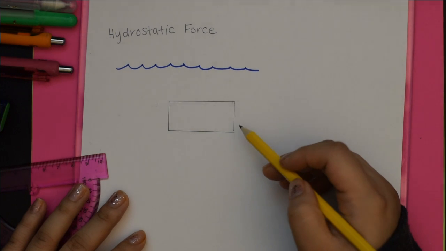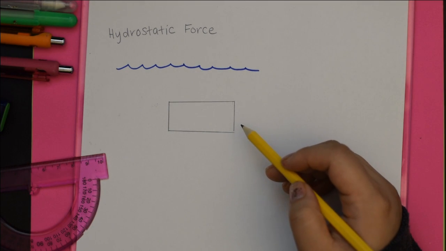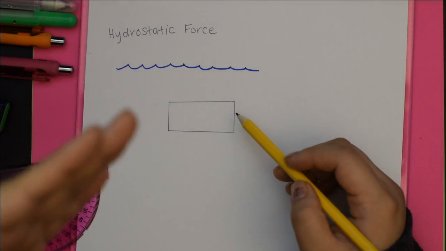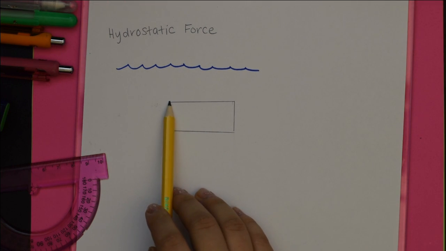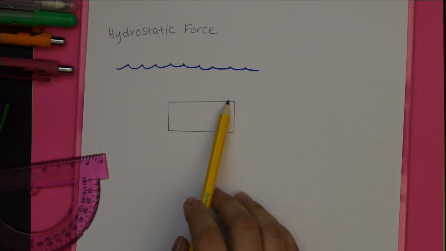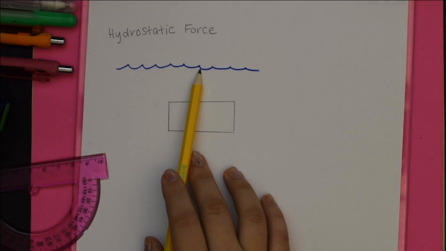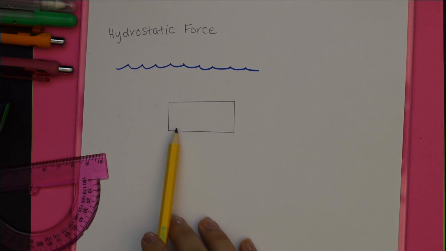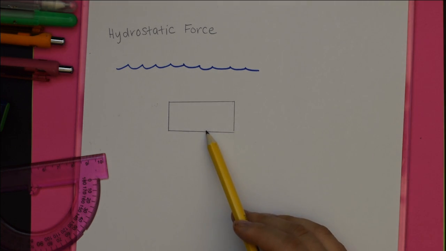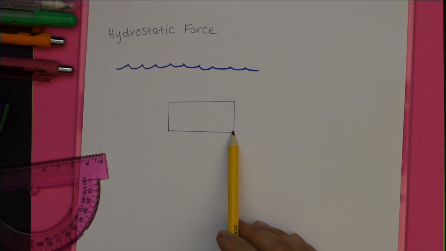But if I put the plate vertically down, you can imagine this top part, for instance, is going to be closer to the surface and therefore not have as much force on this part as, say, on the bottom. The bottom is deeper down, and so this will have more force.